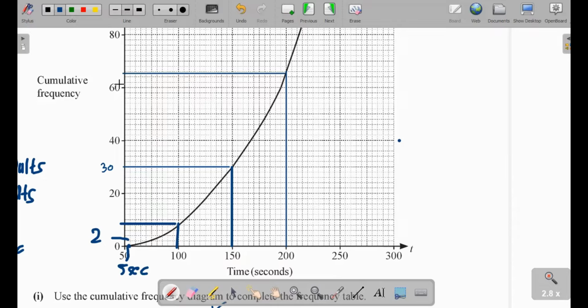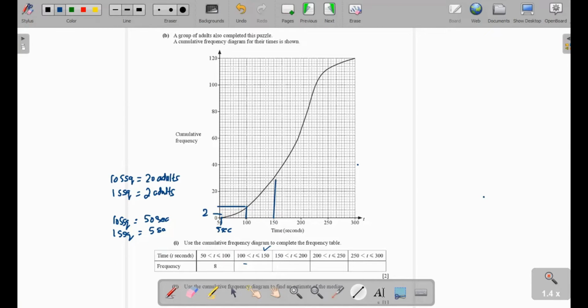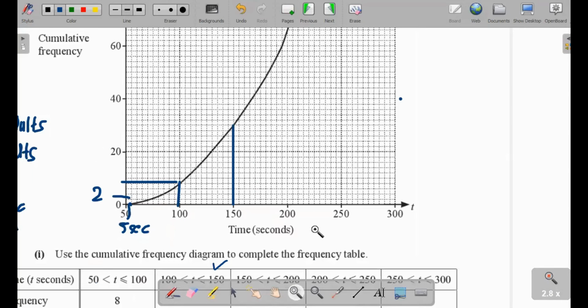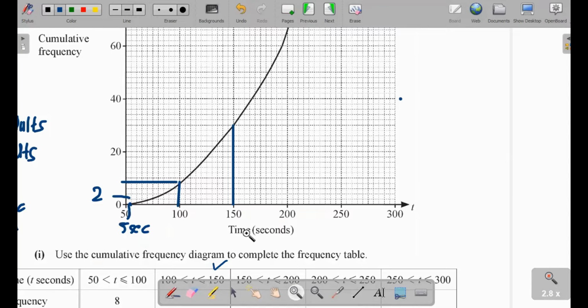Now we know that one small square is equal to 2, therefore this is 62, 64, and that value is equal to 65. And the line meets at this position at 150, and this line.